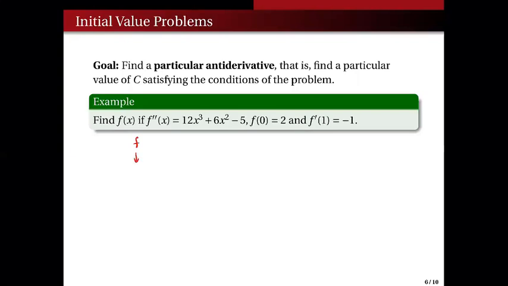We go down to f prime, and then we can go down to f double prime. So f double prime of x is the function given to us, 12x cubed plus 6x squared minus 5. So we need to go up. We need to find f prime of x, and once we know f prime of x, we can use it to find our f of x.